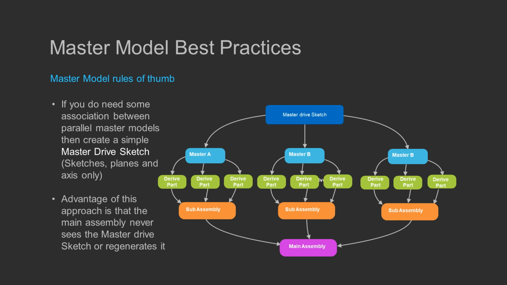And what I mean by this is that the master drive sketch doesn't create or contain any solid or surface geometry usually, but it's just made up of some simple sketches and planes that define the parameters of the product. Maybe it's just the front profile and the side profile of the design.